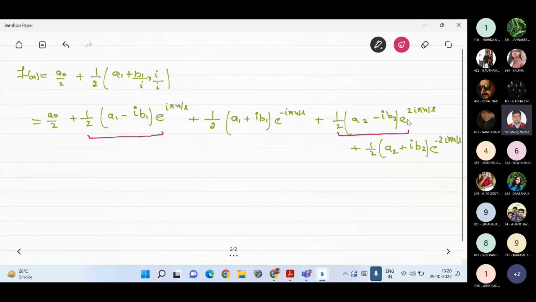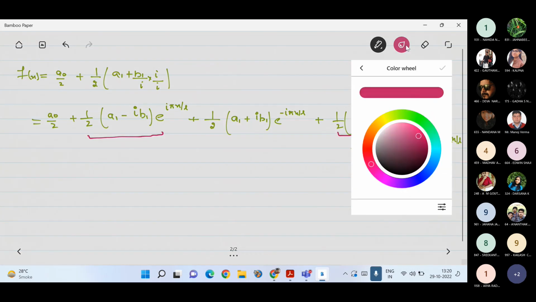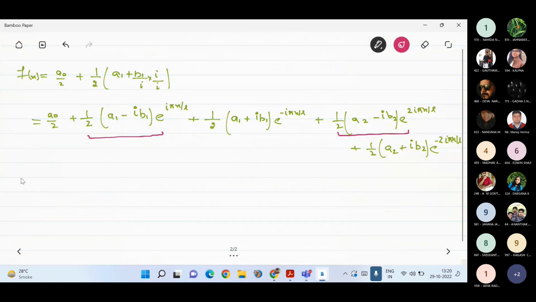in which the power of this exponential function is positive. In this, I can see that it is becoming a naught by 2 plus, I will write this a1 minus iota b1, a2 minus iota b2 as Cn, right?